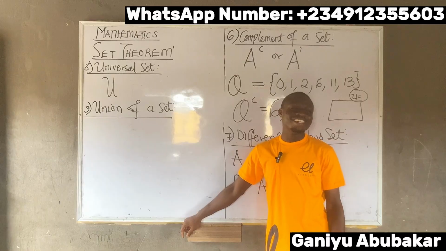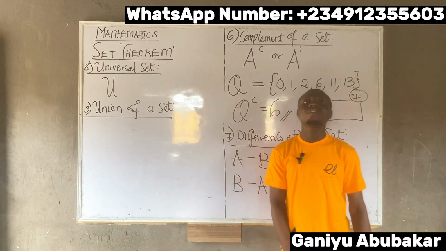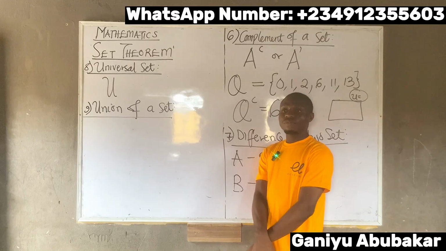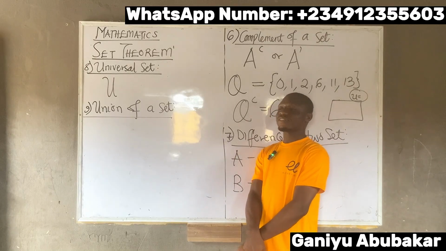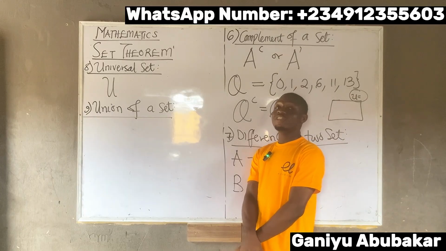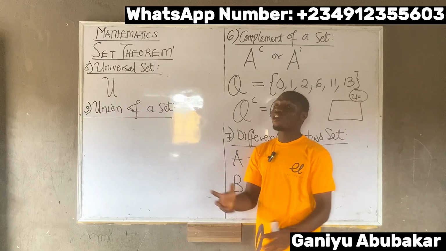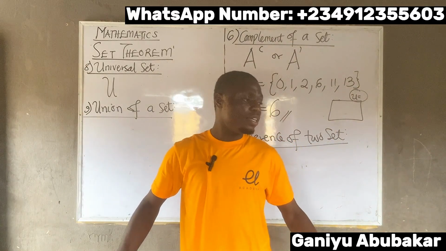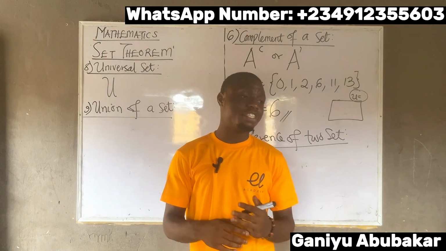Union of a set. The union of a set is a combination of all the elements in particular sets without repetition.